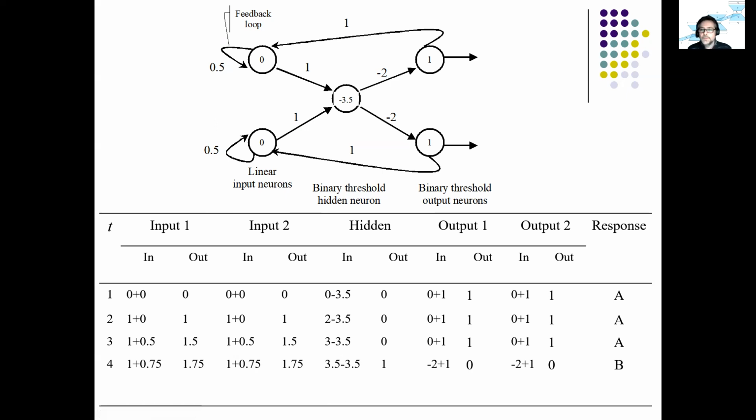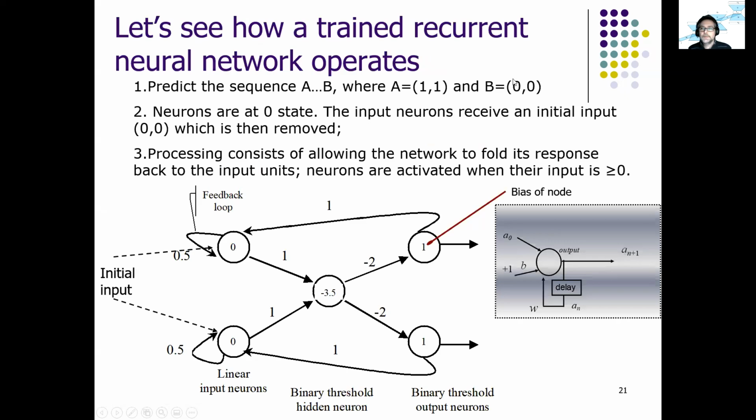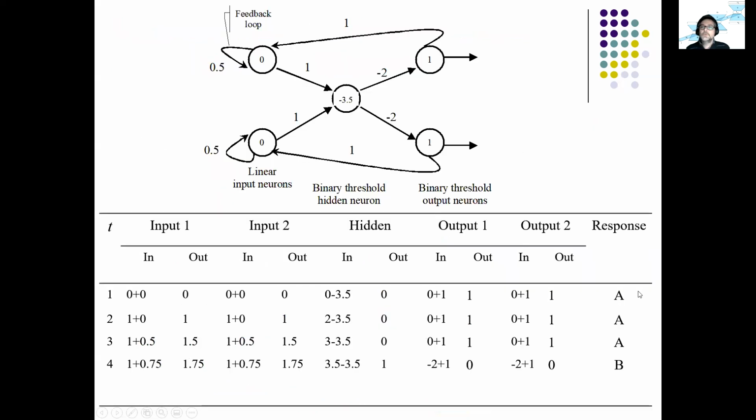It will give you a value of 0, and because we said that we are using binary threshold activations, which produce an output which is 1 if the signal is bigger or equal to 0, finally the hidden node will be activated. The output will become 1, and then multiplying with weights, it's going to trigger again the output nodes, and as a result, the output that will be produced will be 0, 0, which is a different response. It's B.